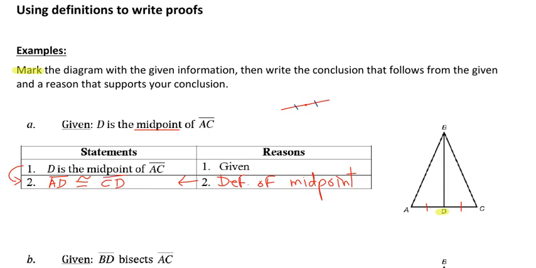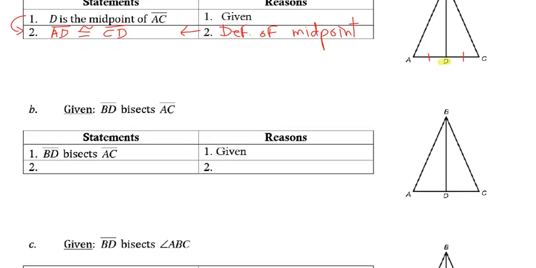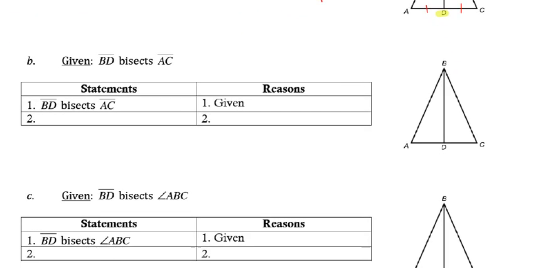Okay. So next one, B. In this case, the given says BD bisects AC. So we're dealing here with a bisector. And we're looking at what type of bisector we have, because you could have an angle bisector or you could have a segment bisector.